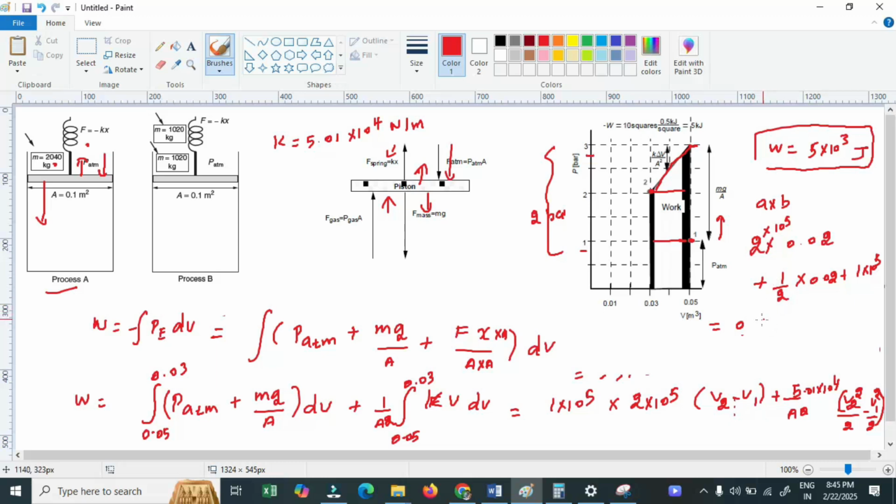So here approximately it become 2 multiplied by 10 power 3, therefore into 2 plus 1 multiplied by 10 power 3. I am dividing 0.02 divided by 2, so I will get 5 multiplied by 10 power 3 joules, same as what I have here.